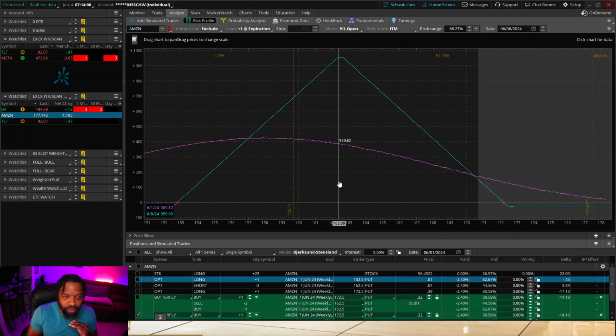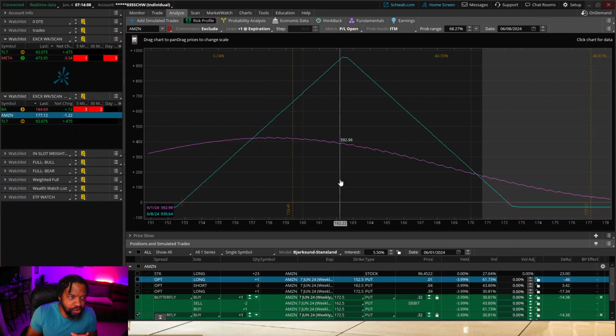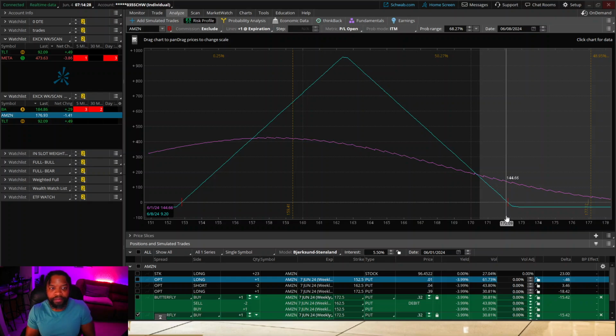I don't think it'll run all that way, 162 in 3 days, but I do think it can get down to like 172 in 3 days, and that'll give us a nice risk to reward there of like 5-1.